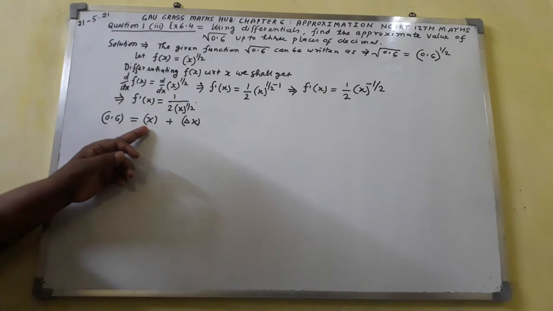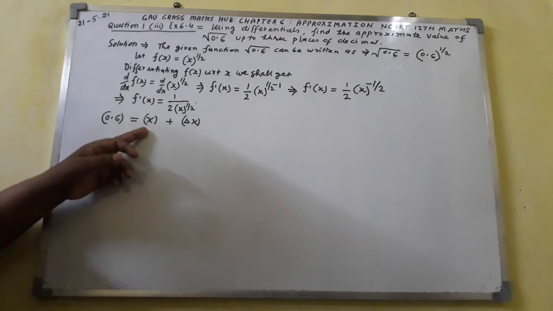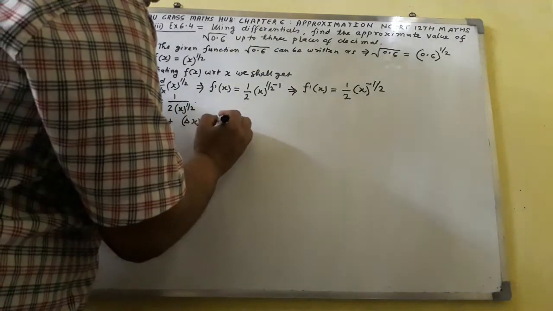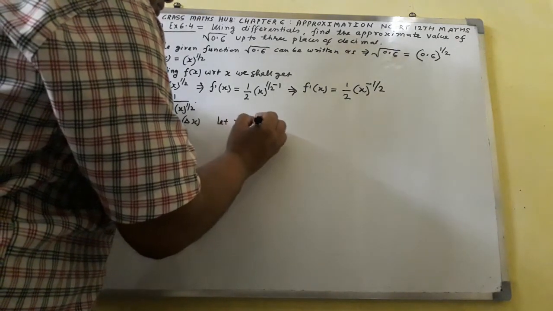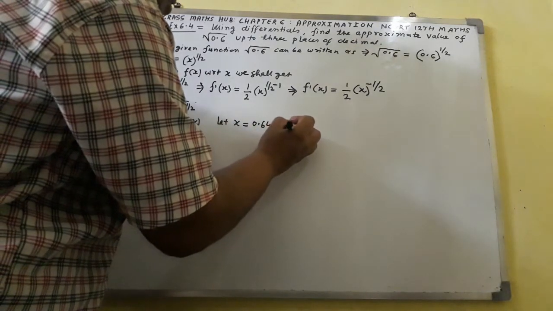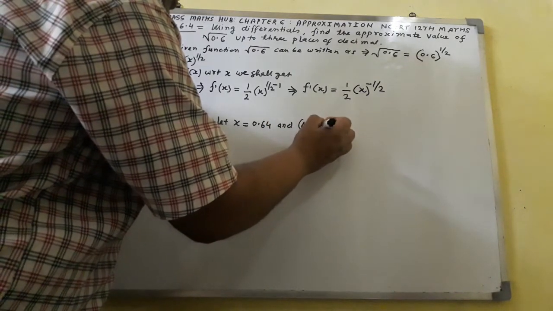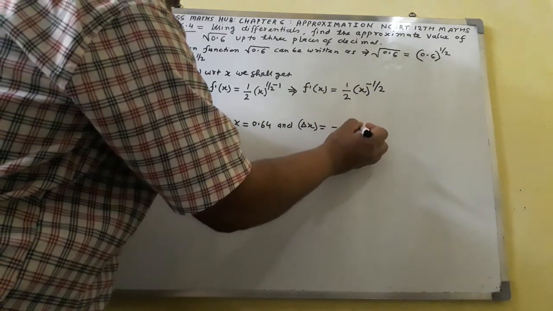Now think over the value of x here. So here I shall write, let x equal to 0.64 and delta x equal to minus 0.04.